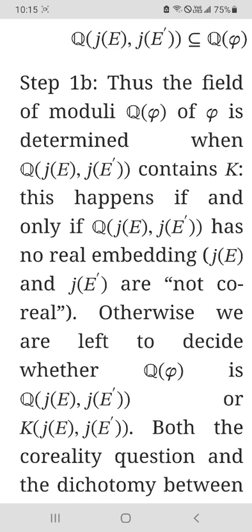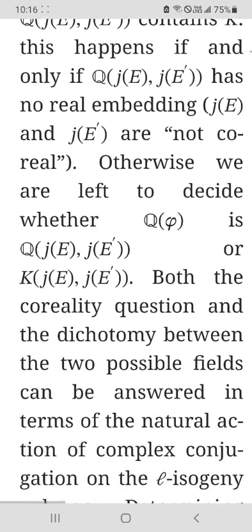Okay, the concept is whether two j-invariants are co-real. Otherwise, we are left to decide whether Q(phi) is Q(j(E), j(E')) or K(j(E), j(E')).